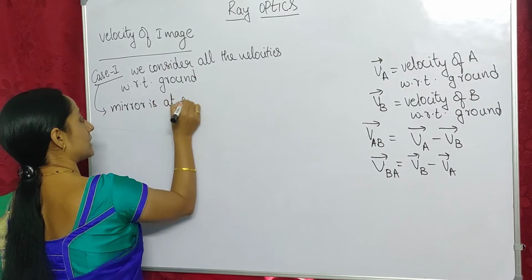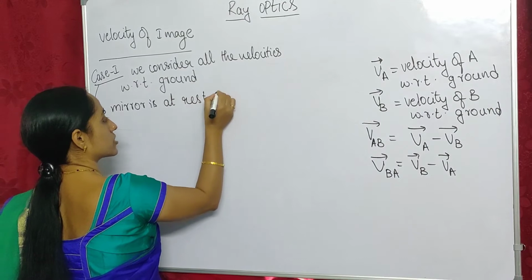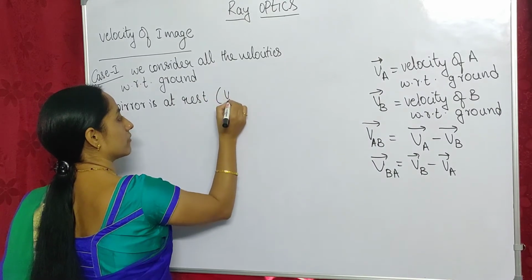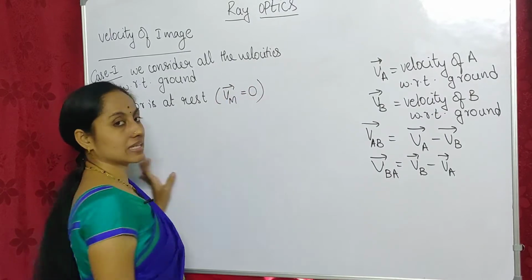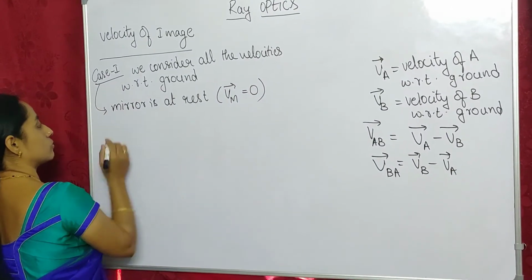Mirror is at rest. So this is our consideration. When mirror is at rest, we know that velocity of mirror is equal to 0.